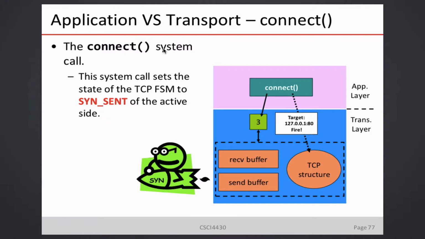You call connect. Let's say you start the client, but you forgot to open the server. What will happen? Anybody experience this? No one. You guys don't do the assignment. You start the client, you want to connect, but you forgot to open the server.